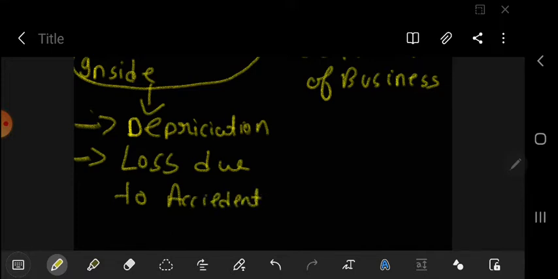In accidents, there are different things like fire, theft, etc. Okay, so these are the internal transactions. Okay, there is no outside party included in this type of transactions.